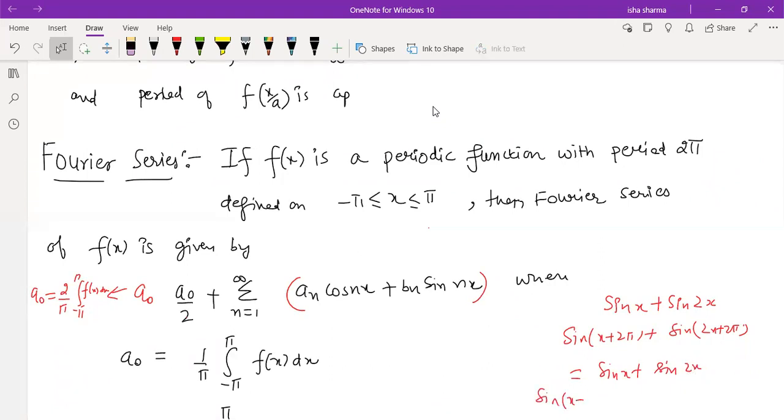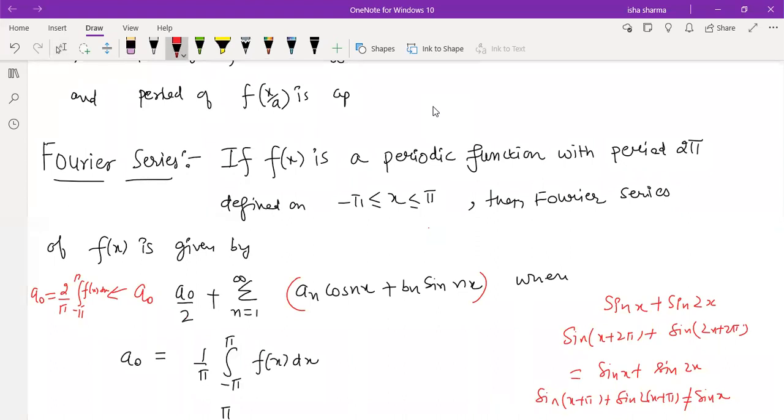But if you do sine of x plus pi and sine of 2x plus pi, you will not get the same function, because sine of x plus pi is not the same as sine x. So whenever you add two functions and one of them has the larger period, the sum of the functions is going to have the larger period. Both values repeat only after 2 pi; individually their periods are different, but the sum takes up the larger period.